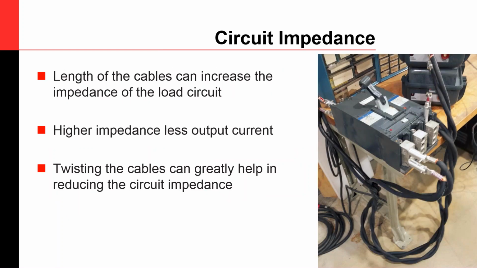Now, circuit impedance, very important. As I said, these testers are high current sources. That means they will regulate their voltage output to a value necessary to drive a constant current.